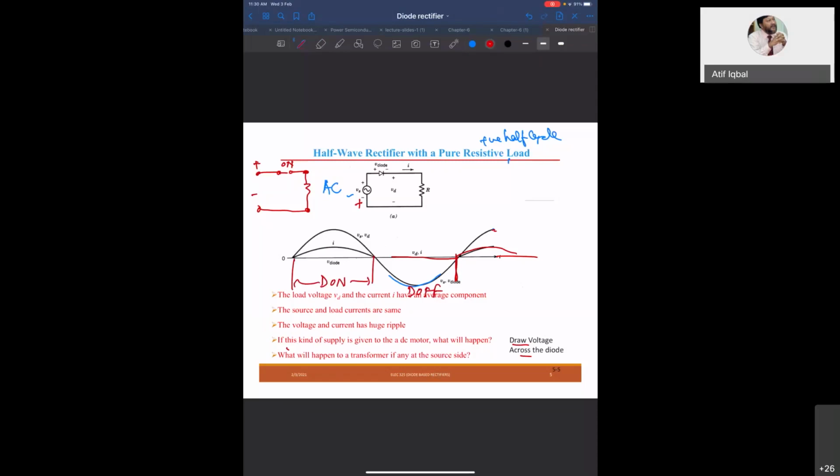It is 0, but 1.5 in the case of non-ideal. Yes. If I am assuming ideal, then it will be 0 here. And then in the negative half, it will be the same as the source voltage. So it will be like this. So this is the diode voltage. Okay.